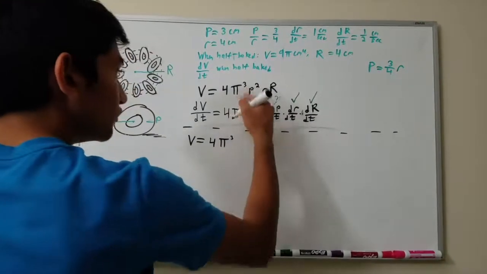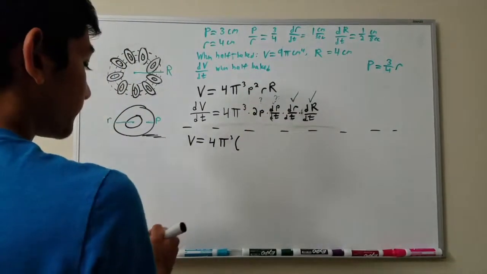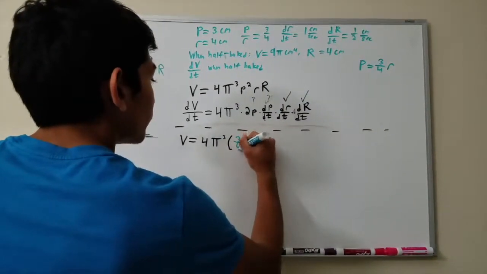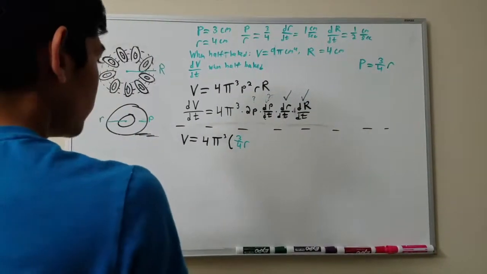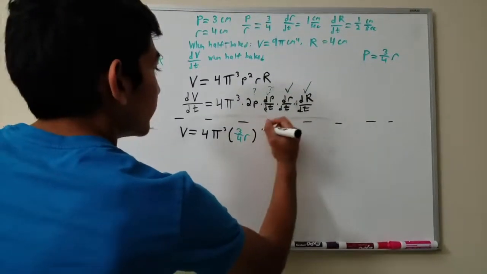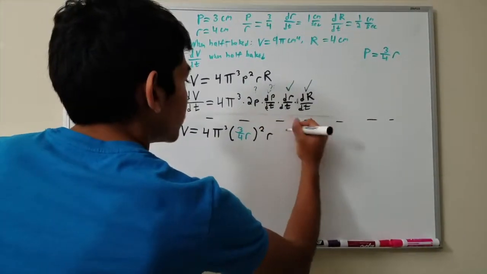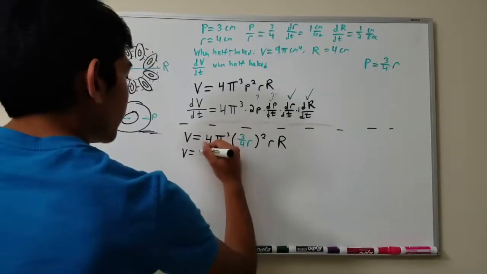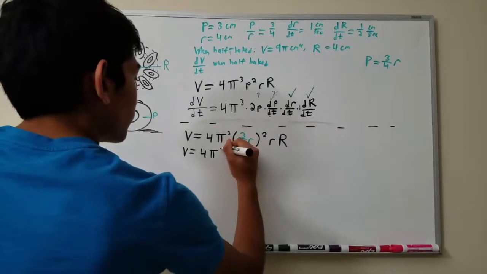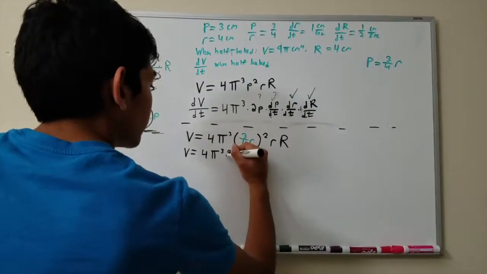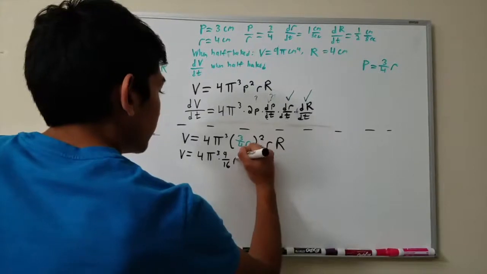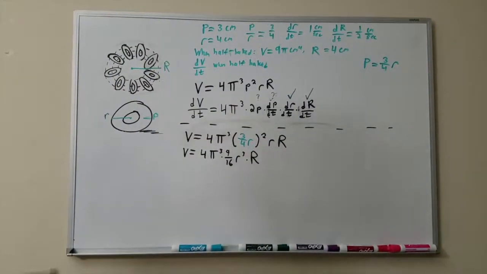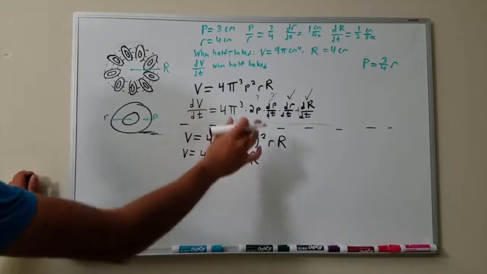So we get 4 pi cubed times, now we're substituting in p, so we have 3/4 r squared times r times big R, and you can multiply that throughout, and you get times 9/16 r cubed times big R. Now we take the derivative of both sides once again.